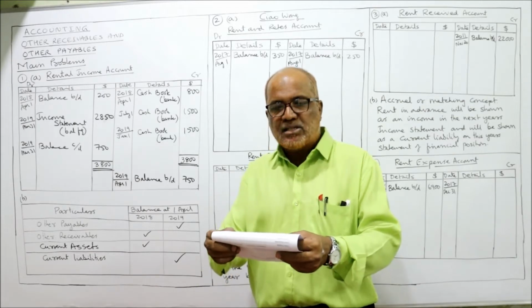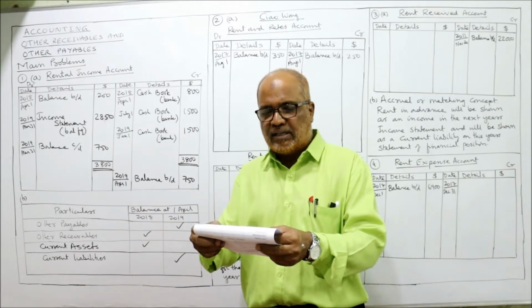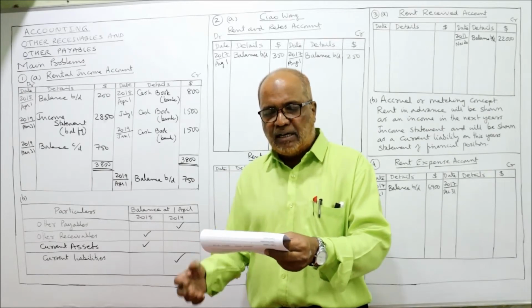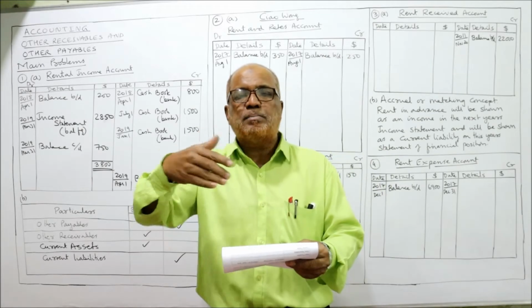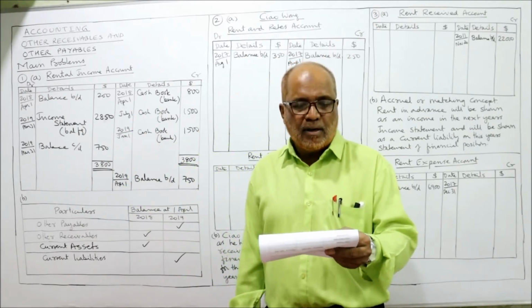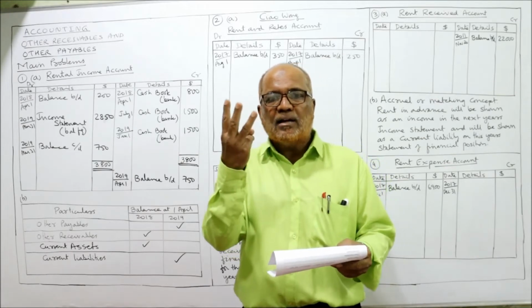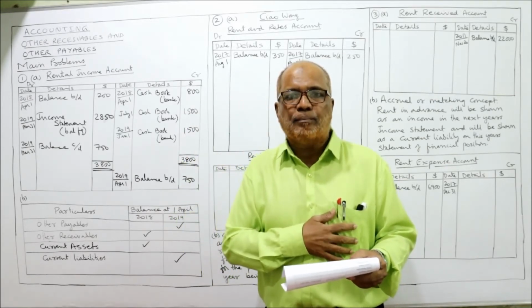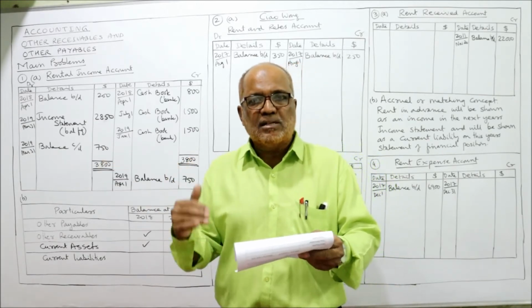Rates 350 in advance and rent paid 250 in arrear. Rates and rent paid are expenses, and rent received is an income.